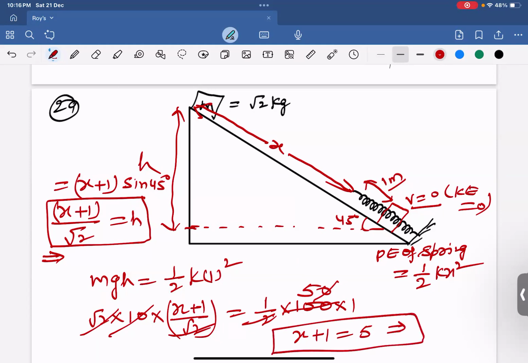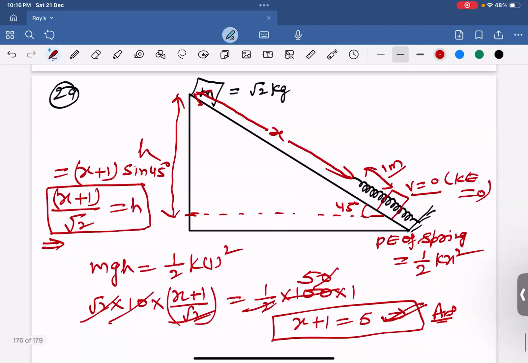My answer is x plus 1 only, because it is asking the total distance traveled before it comes to rest. So x is this much, and then again it moves by 1 only. So my answer is x plus 1 is equal to 5. So 5 is the final answer. Please check it, Neil. If you have understood, any doubt, please ask. Yes, sir. I'm trying. One second. Okay.